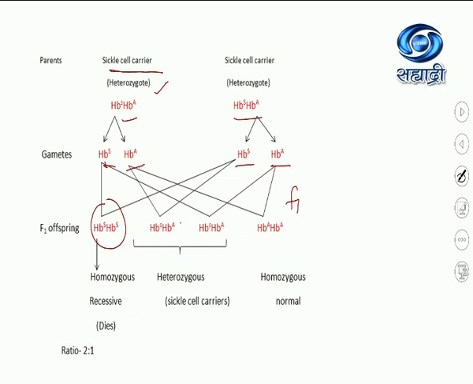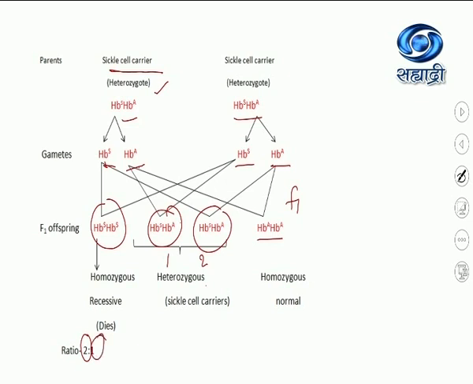If the child gets HbS and HbA, it is the heterozygous condition, and these people are sickle cell carriers. And how many are they? 1 and 2, so this is 2. And in one case, HbA comes with HbA, a homozygous normal. He doesn't have the sickle cell trait, and this is 1.